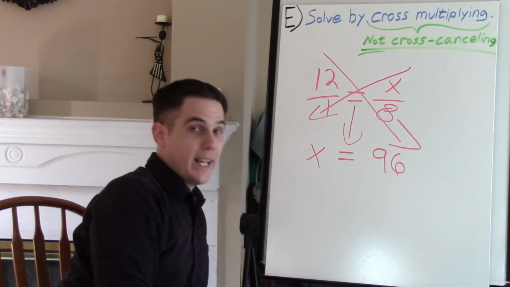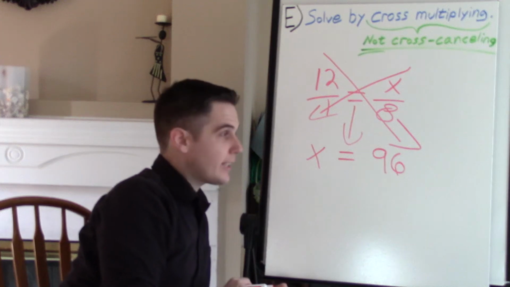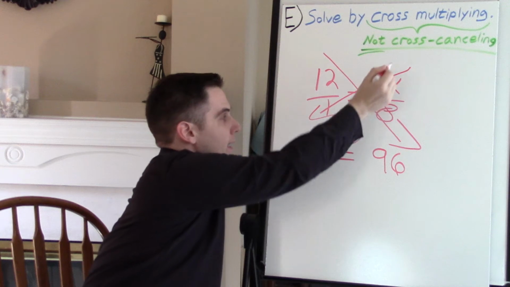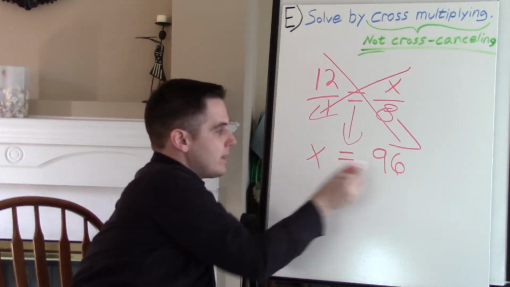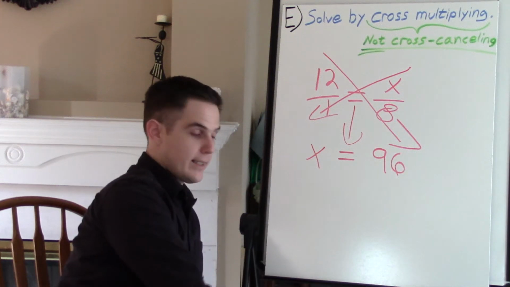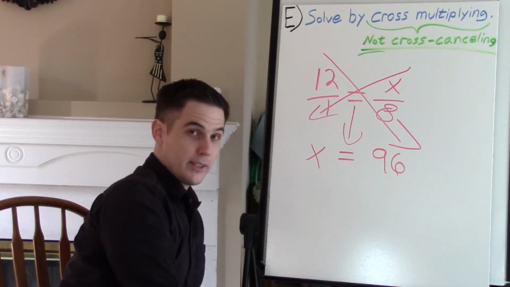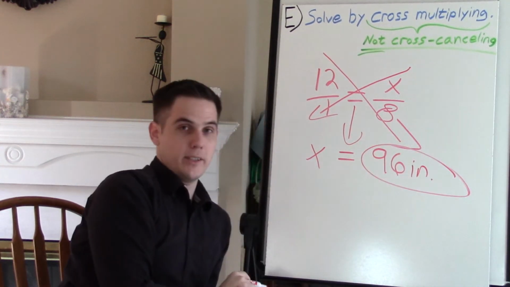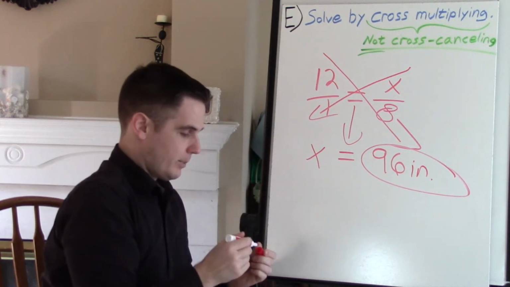Cross multiplying, there's no canceling, no greatest common factor, it's just multiplying diagonally. So 12 times 8, X times 1. And this leaves us with X equals 96. So the question is asking us how many inches long is the rope? 96 inches. You're done. Next problem.